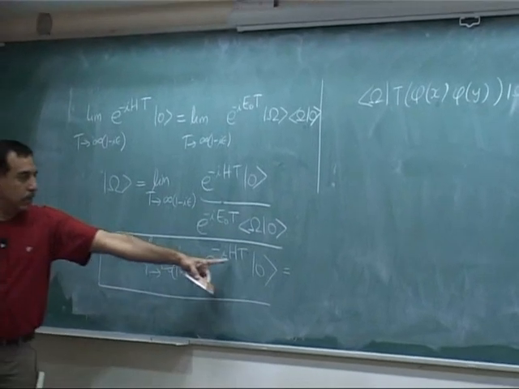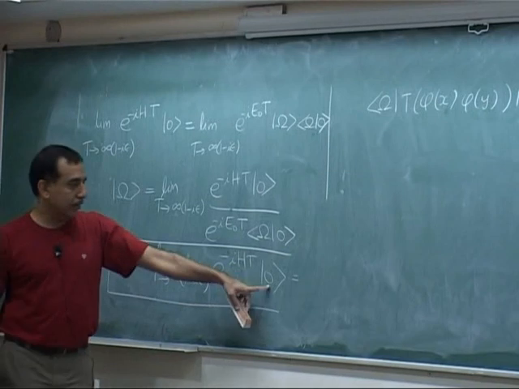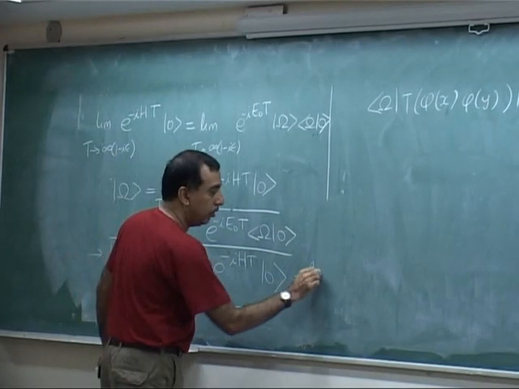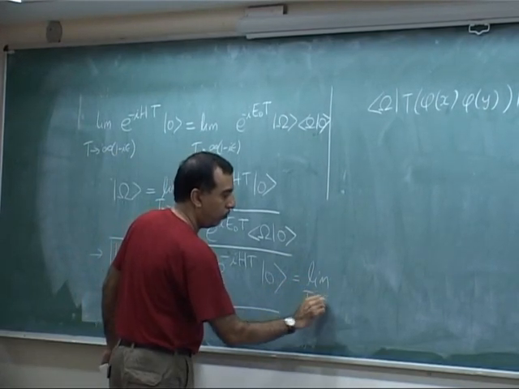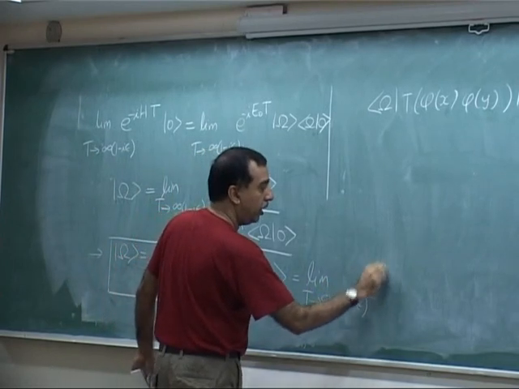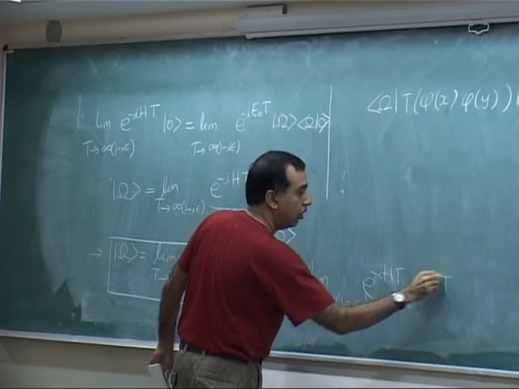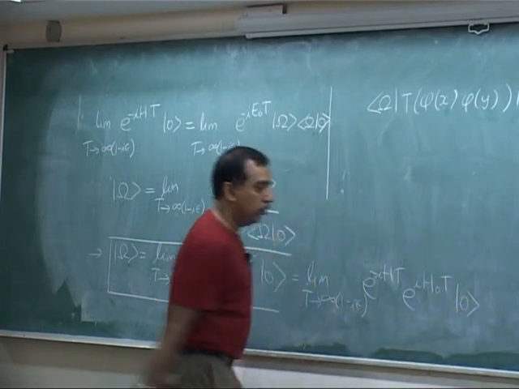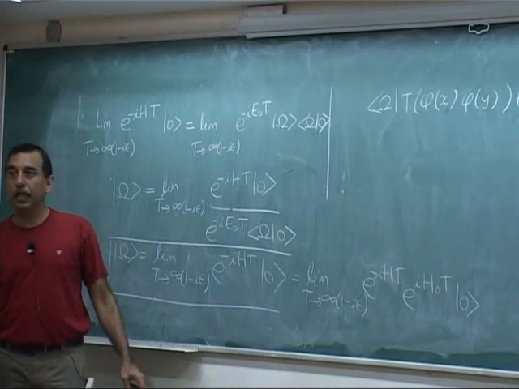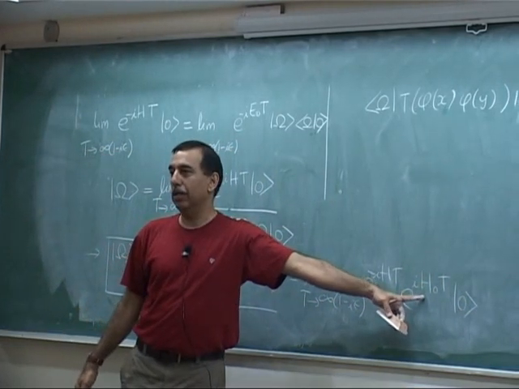You see, this quantity, e to the minus iHT on |0>, can also be written as e to the minus iHT, e to the plus iH0 T on |0>. Why? I just insert e to the iH0 T over here.